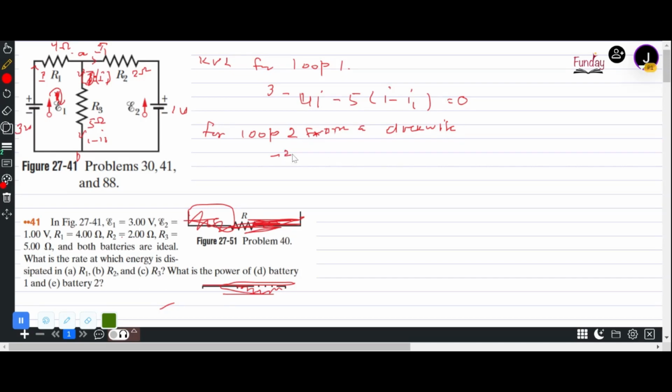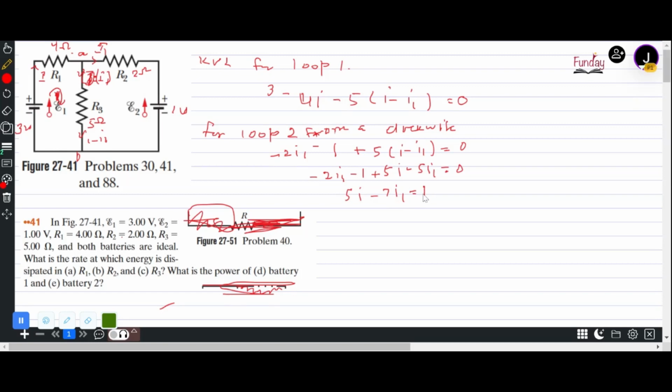So second loop, the equation is going to be minus 2 I1, and minus 1 volt, that is E2. We are going from plus to minus, and again when we are coming back in the loop, we see that we are meeting current in the opposite direction, so that becomes a plus 5 into I minus I1.